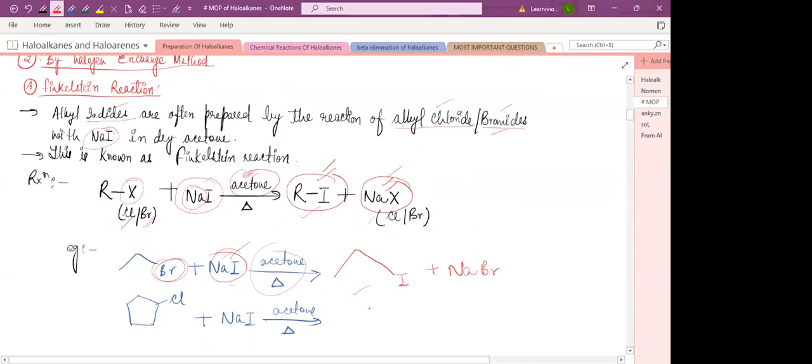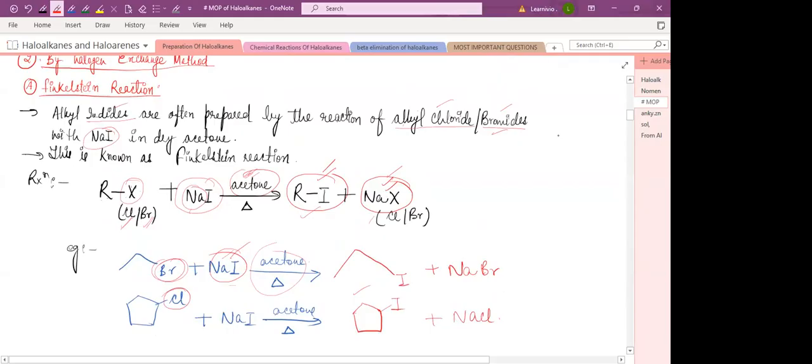Okay, next one. Just exchange this chlorine with iodine, and you will get sodium chloride, which will be precipitated out.